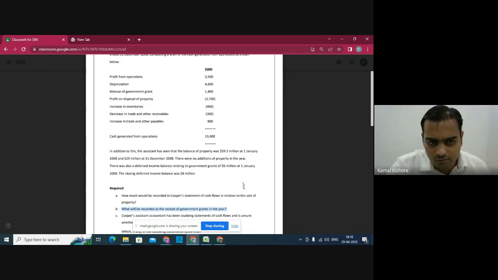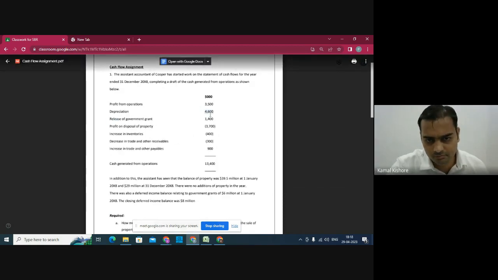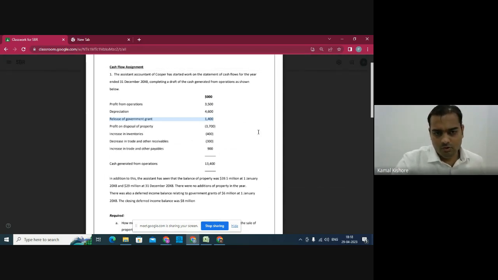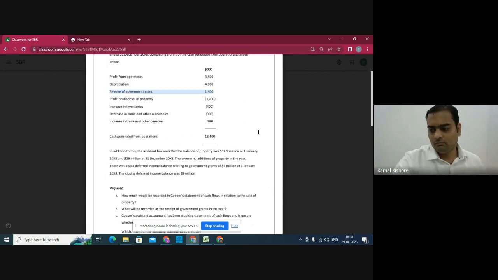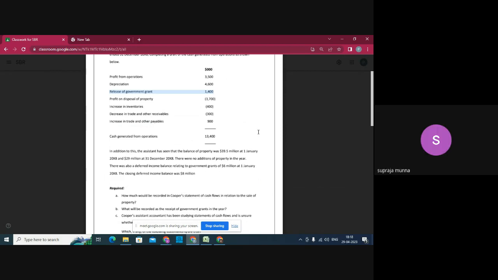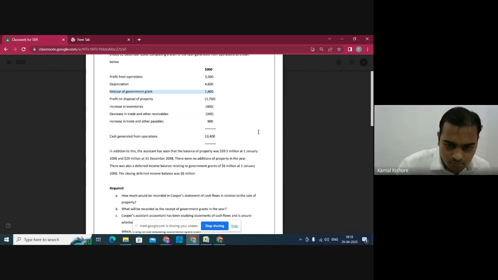Okay. What is this item? What do you think this item will be? Is this a charge to the P&L, or is it an inflow of cash?